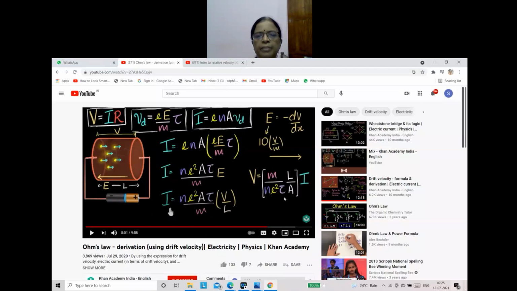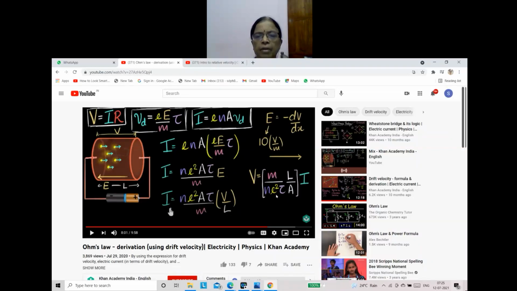It is a constant because m is the mass of the electron. n is the number density of free electrons in a material. For example, for copper it is a constant, 10 raised to 29 per meter cube. That is constant for copper, but for another material n will be different. e, the charge of electron, is constant.